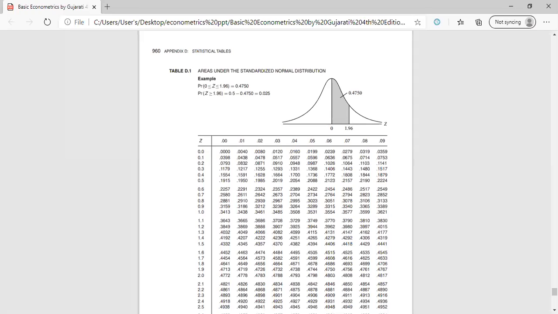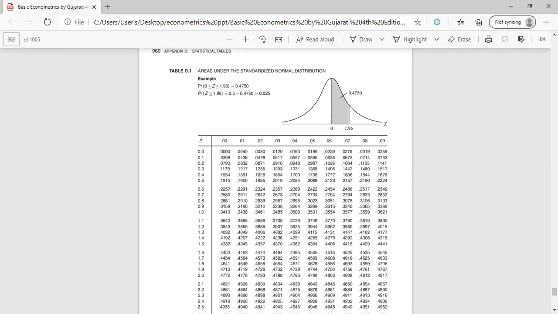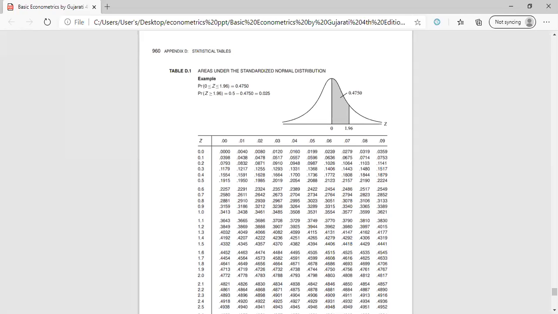What is this value giving you? Let me write it.